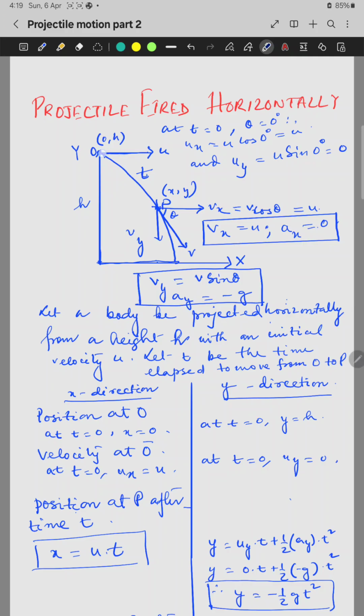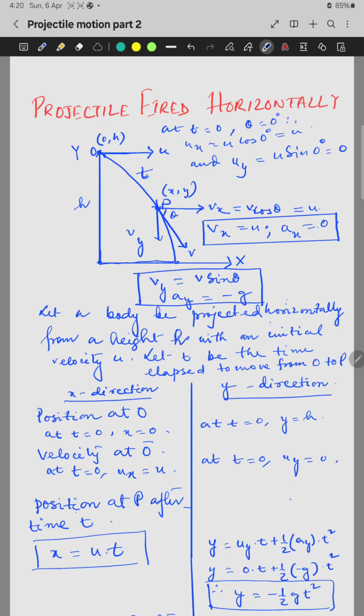Now as the body or the projectile descends, suppose when it comes here, its motion becomes two-dimensional. That is, it has a motion along the y-axis in the negative direction and also along the x-axis. That is, its v will be like this, which is making an angle theta with the horizontal.